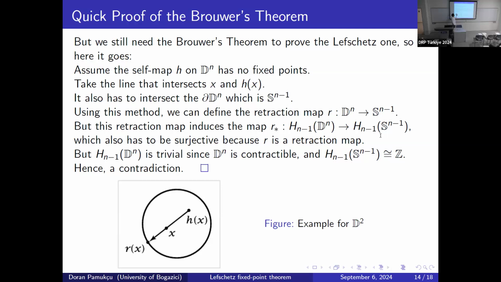So we found a surjective map that goes from the trivial group to Z, which is a contradiction. Hence our first assumption was wrong, so the self-map h has to have a fixed point.